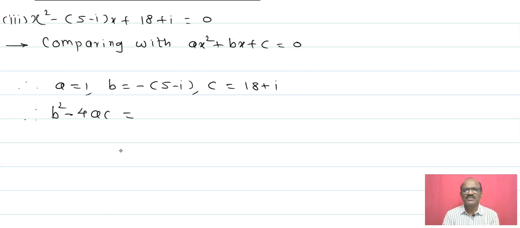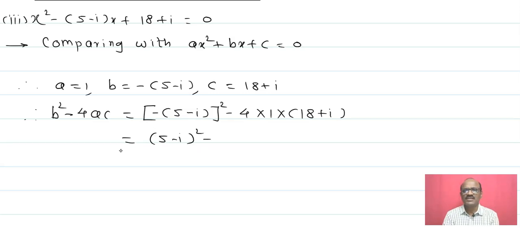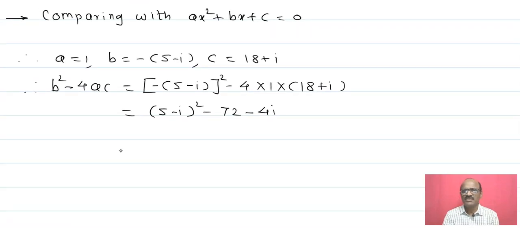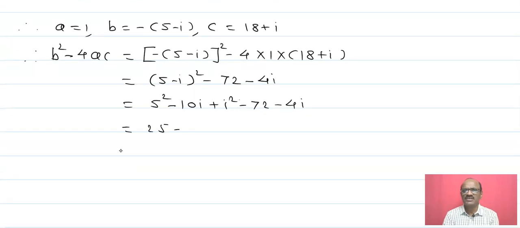Therefore, b square minus 4ac is equal to (minus 5 minus i) square minus 4ac. The value of a is 1, c is 18 plus i, and after simplifying you get (5 minus i) square minus 72 minus 4i. Now what does (5 minus i) square mean? 5 square minus 10i plus i square minus 72 minus 4i.